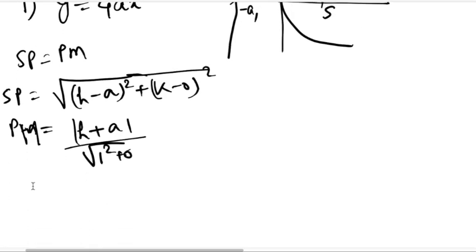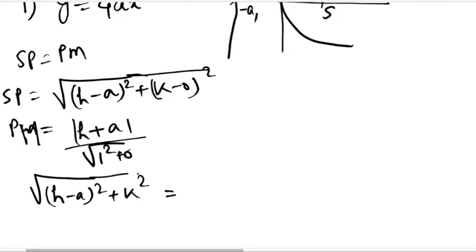So by definition, the square root of h minus a square plus k square equals modulus of h plus a.